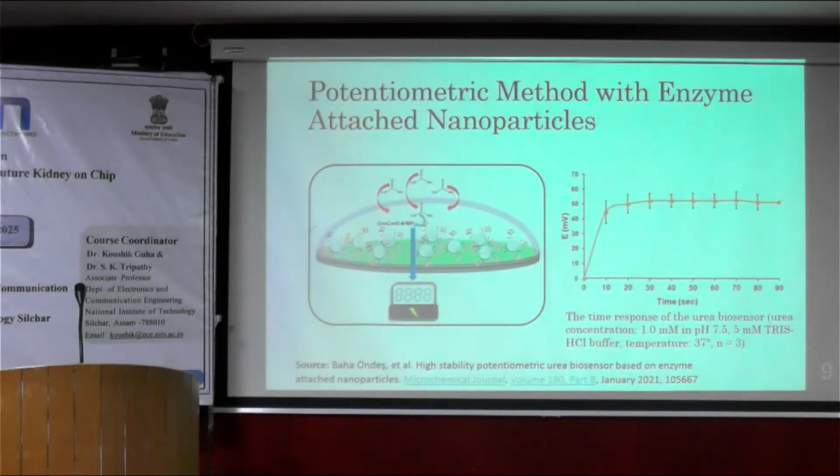So we need some additional method to control such parameters, for instance, the working potential of the working electrode. And from this potential, we can calibrate this system to specific concentrations of urea. And we can apply the combination of the biological and potentiometric methods with enzyme-attached nanoparticles, and thus we will be able to control the urea concentration in the solution.